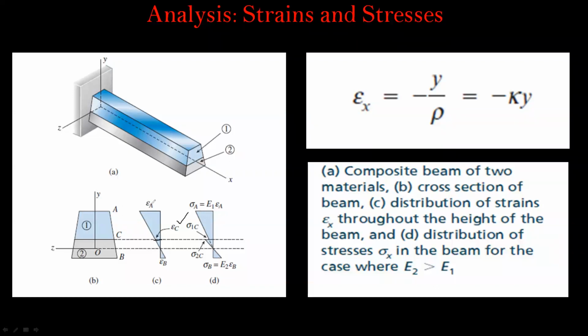It means the value of the strain on the centroidal axis, or the plane passing through the centroid, is the same, that is epsilon c. The question is why. The why is because the beam is constrained, or we can say the surface is a common surface between material 1 and material 2.